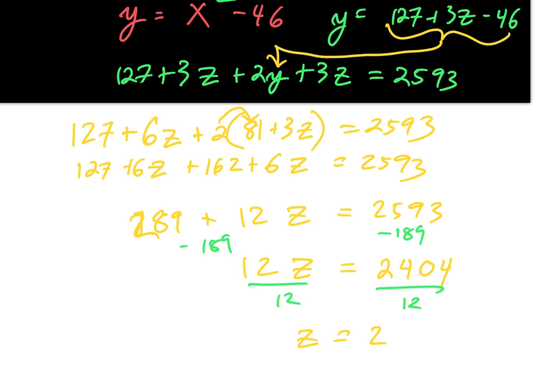So I subtract 289, so it's 2,304 divided by 12. Is 192. And that's the number of free throws that he made.